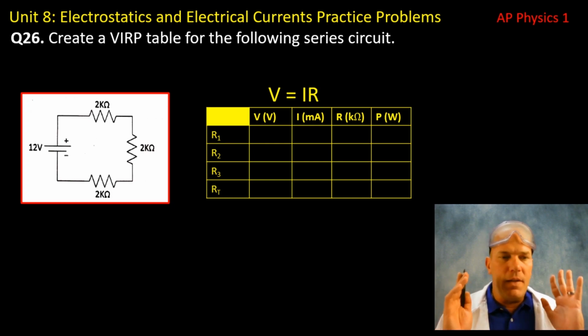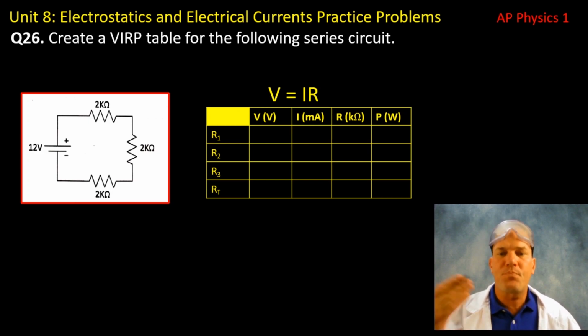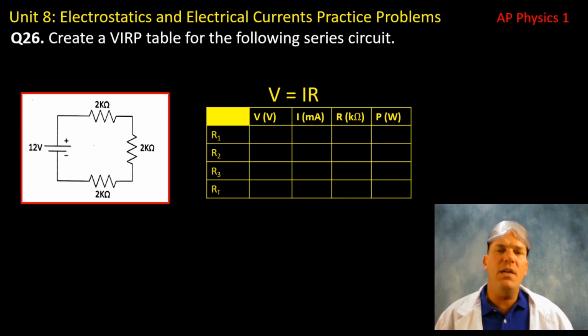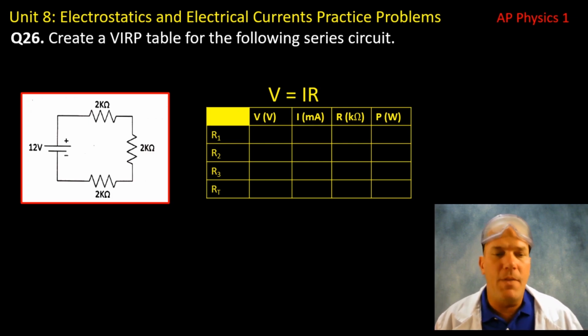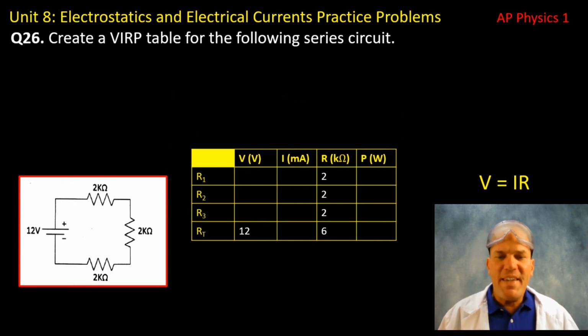We're going to have the 3 resistors, our 1, 2, 3, and our total values across that row for voltage, current, resistance, and power. Please note, on occasion, we'll be using kiloohms for resistance and milliamps for current, so please be aware of that.